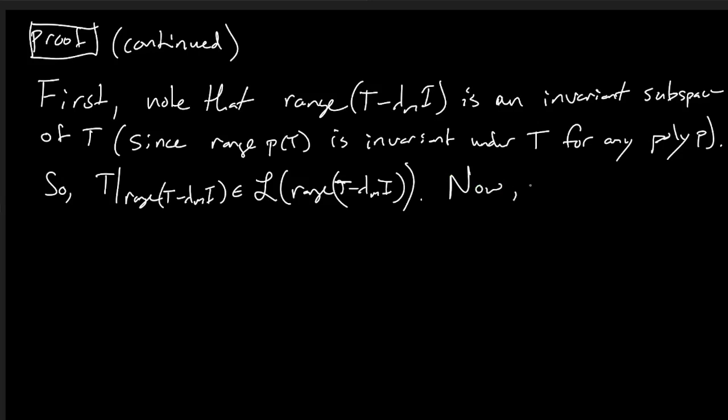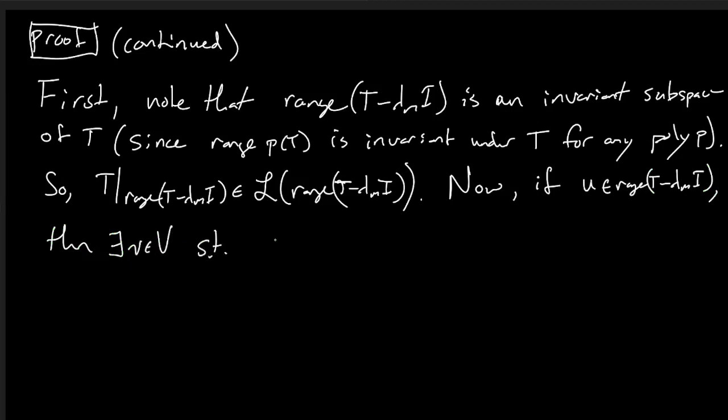Now, if u is in the range of T minus lambda_m I, then there exists some v in V such that (T minus lambda_m I)v is equal to u. So, watch this. This is the good part.